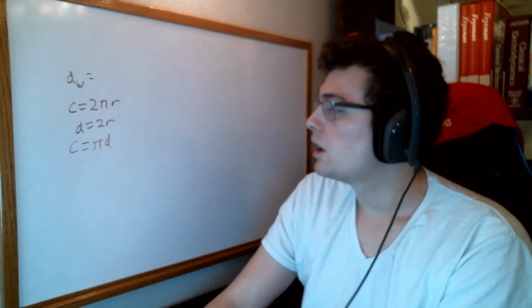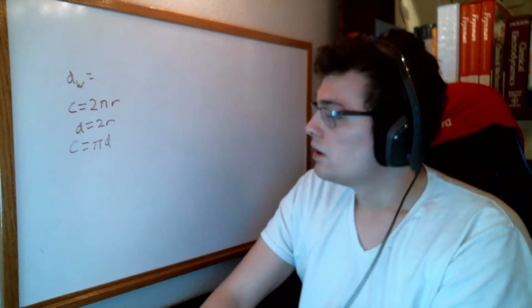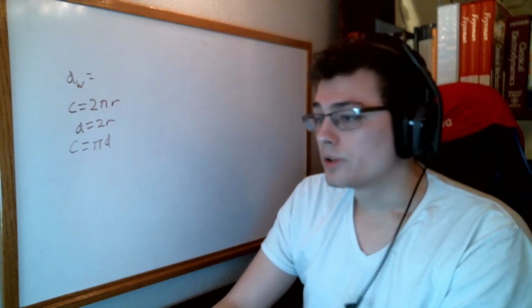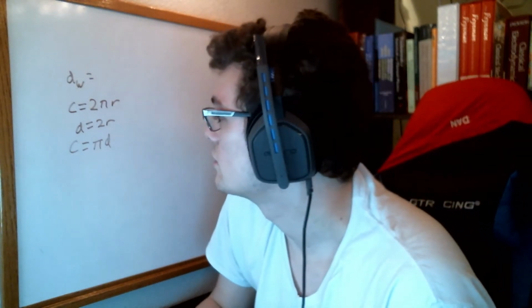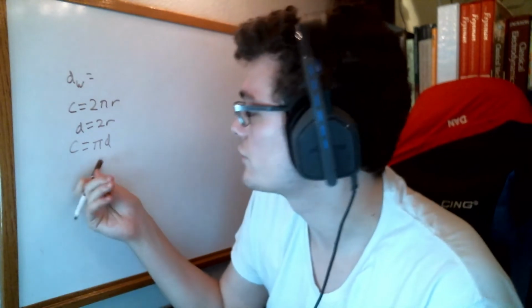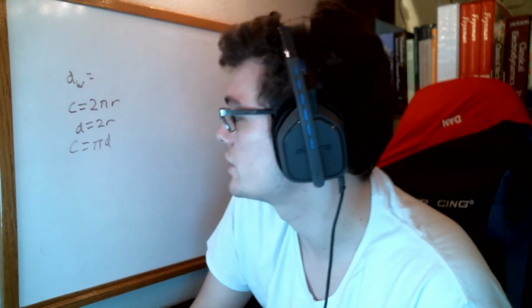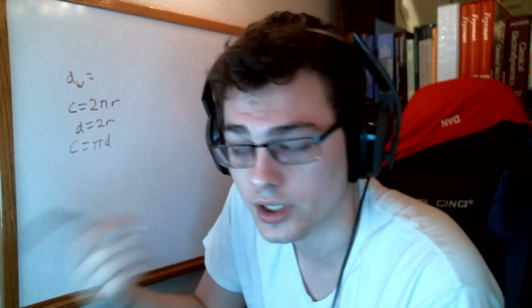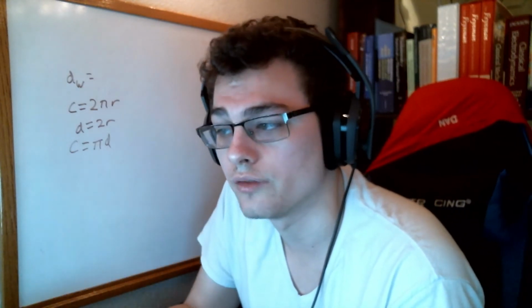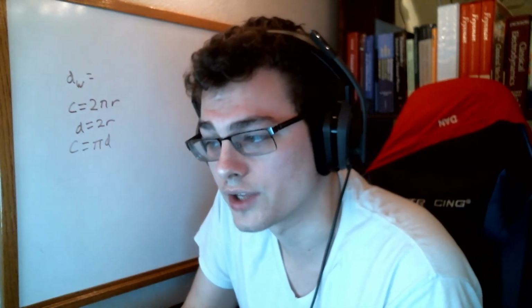And from there, you just have to go ahead and try to find this is just for one rotation, right? So you just have to take the circumference of that wheel and multiply it by how many rotations it has, and that will give you your answer.